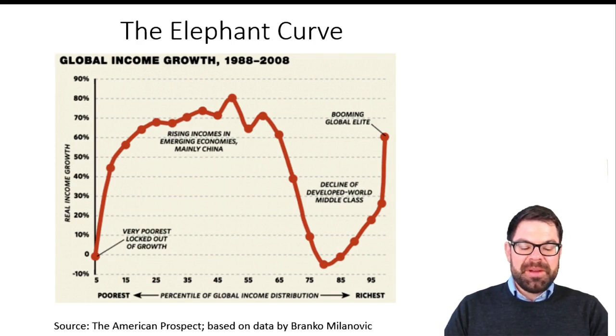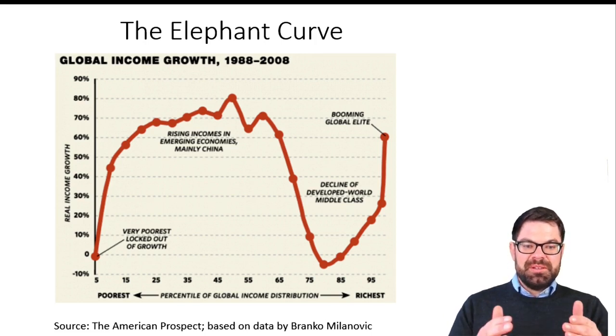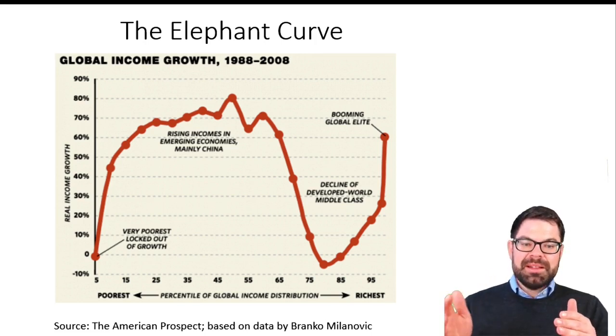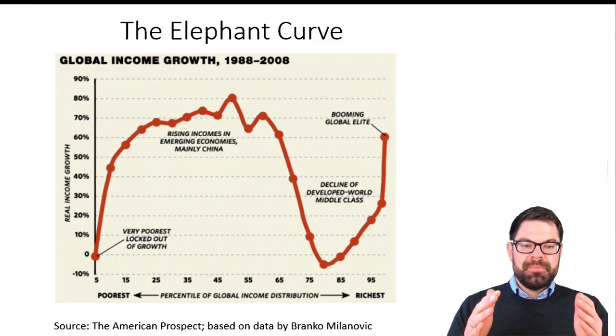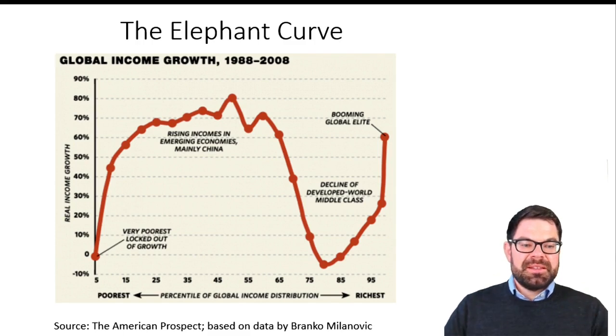Now that's a very powerful graph because it shows that the growth in world income over this 20-year period, from the late 1980s to the beginning of the financial crisis of 2008, was very uneven. Very uneven. So we see here, let's look first at the tail of the elephant.